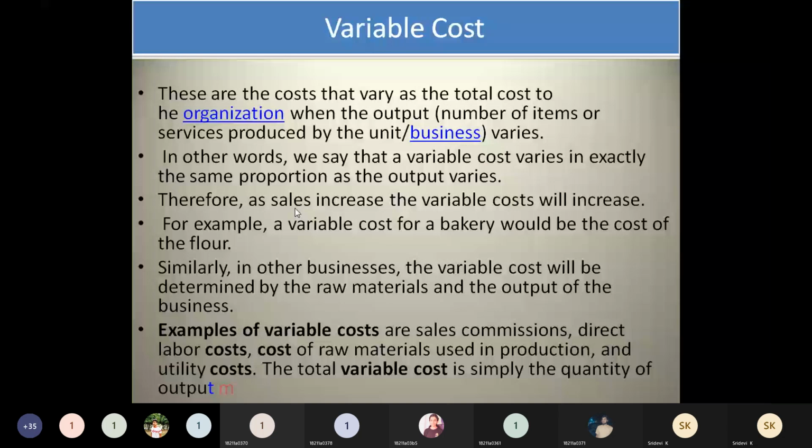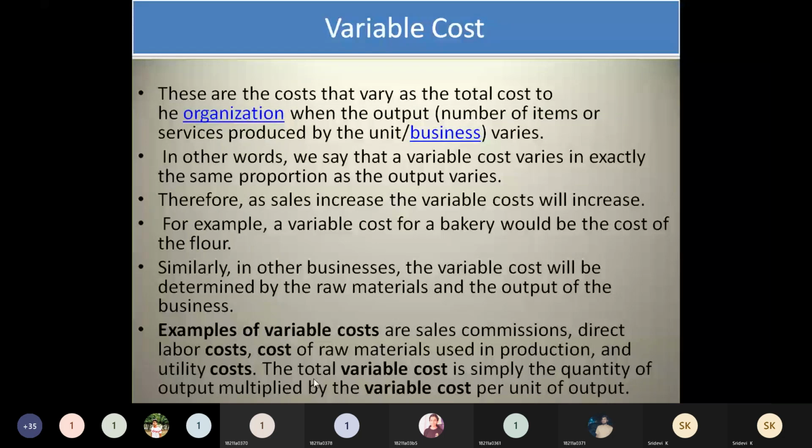Your sales commission, labor cost, direct labor means temporary or sometimes some employees related only with production. If production is there, those workers will be paid. Otherwise, they are not paid. All those are called direct labor. Whatever salary you pay to them is included in variable costs. The cost of raw materials and any tools that you use.